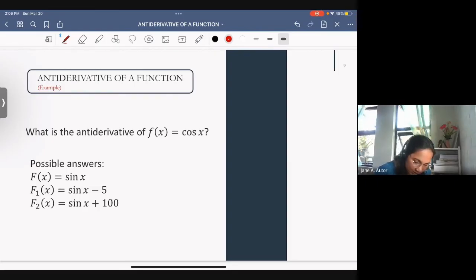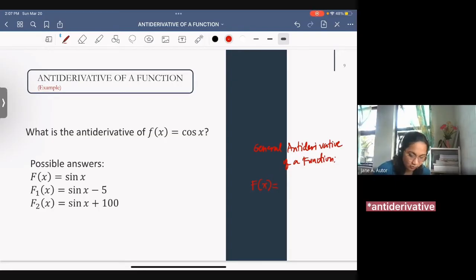Let me just write here the general antiderivative of a function, that will be the uppercase F of x equals the antiderivative of cosine x, that will be sine x plus our constant C, wherein C is any real number.